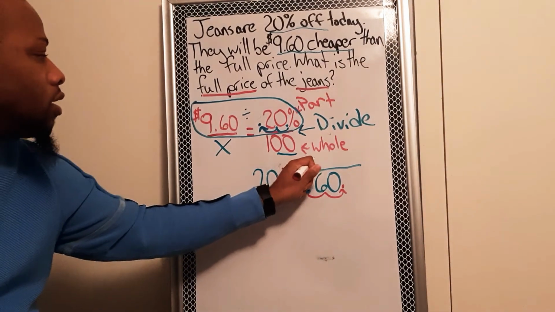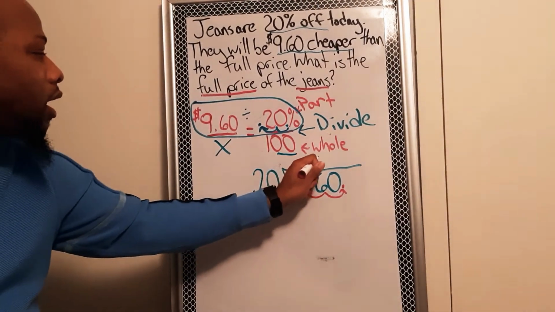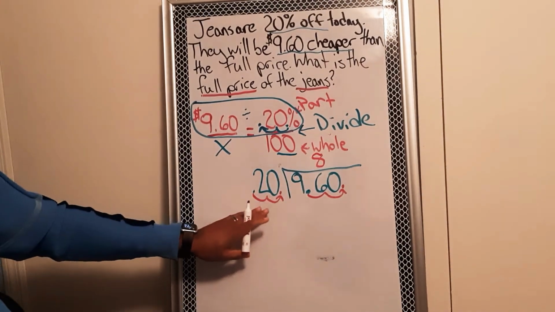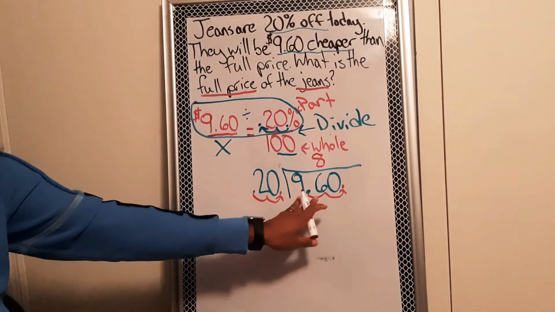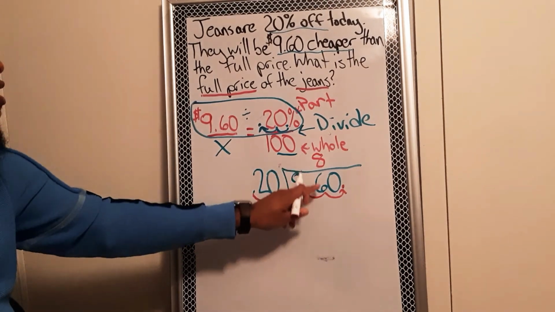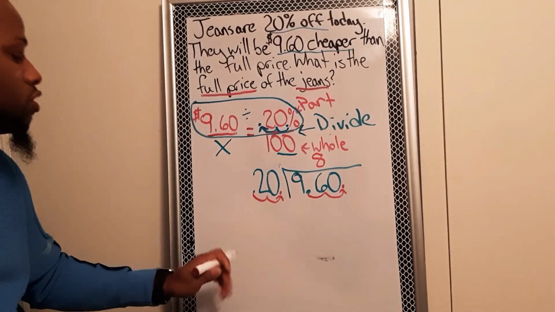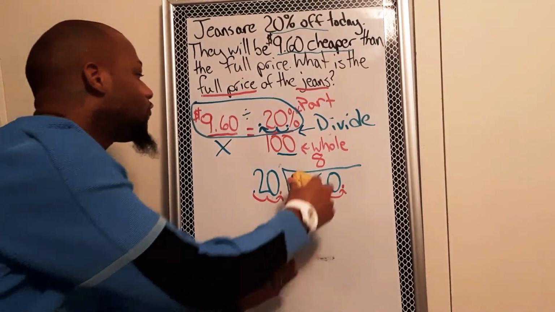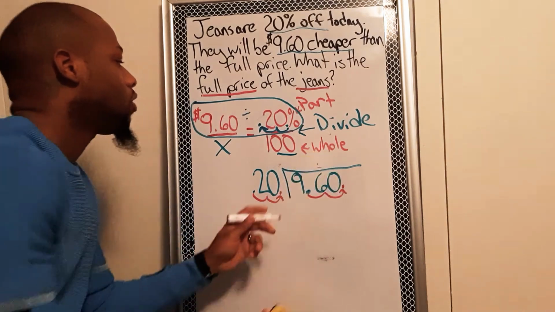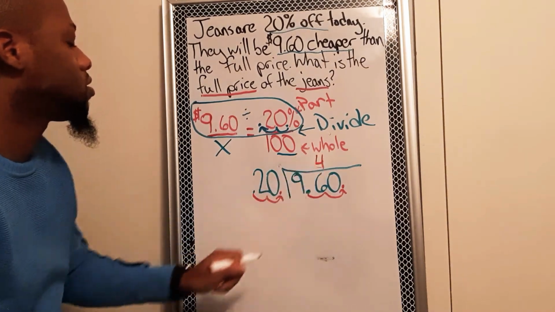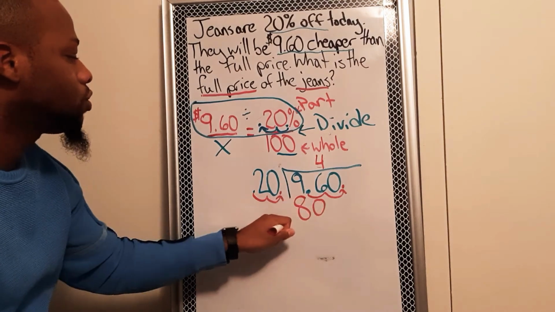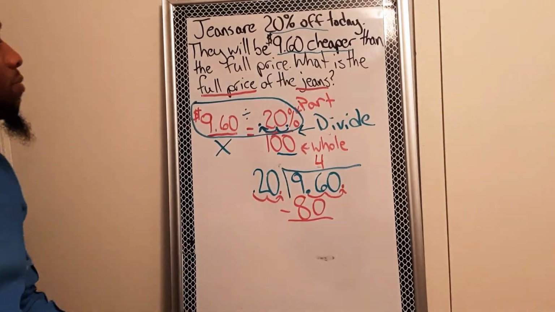Notice how I write my 8 directly over the 6 in 96, because I'm not getting 20 from 9, I'm getting 20 from the total of 96. So I get 20, 4 times, from 96. Excuse me, not 8, I'm sorry, 4. That would give me 80. 20 times 4 gives me 80, and I subtract it out.